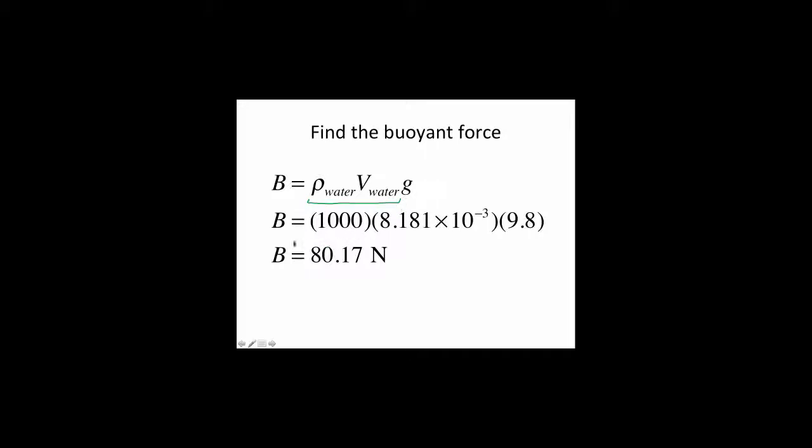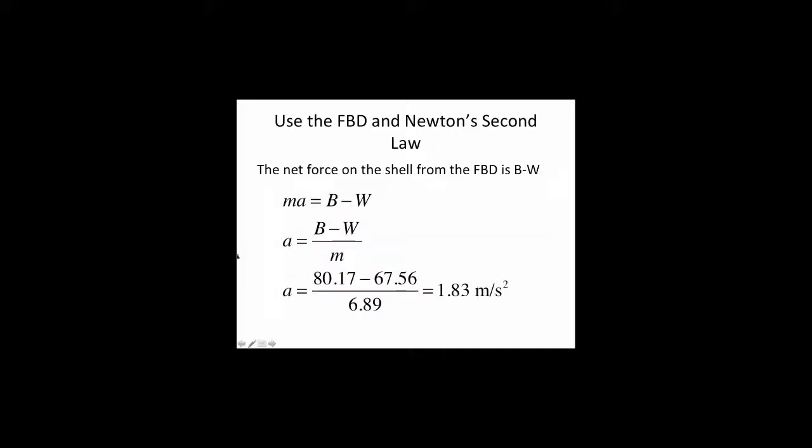So I'm finding the weight of the water by multiplying the density, which is 1,000, times the volume of the shell, which we found before because the entire shell is underwater, times the acceleration due to gravity, and our buoyant force is 80.17 newtons.